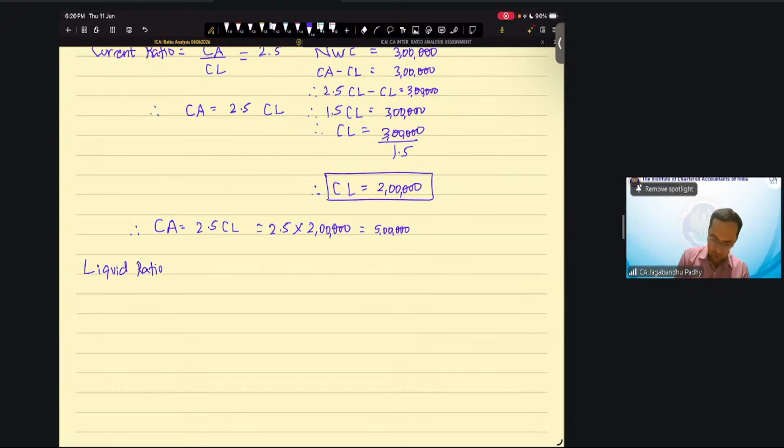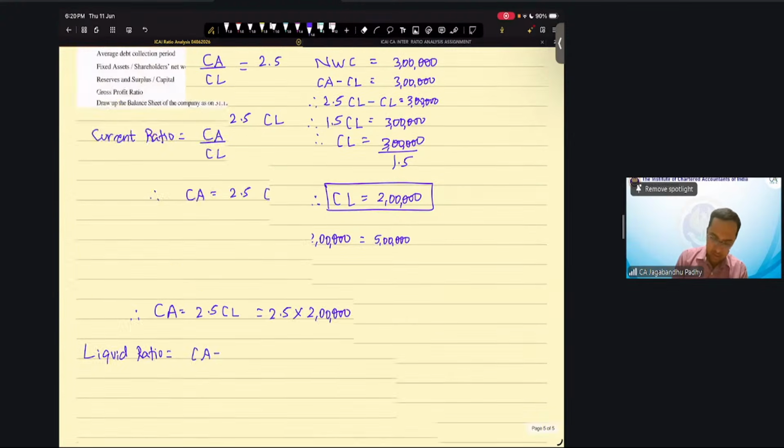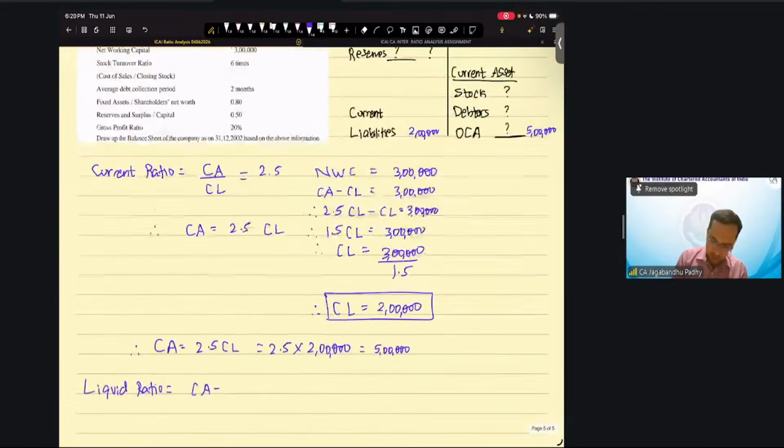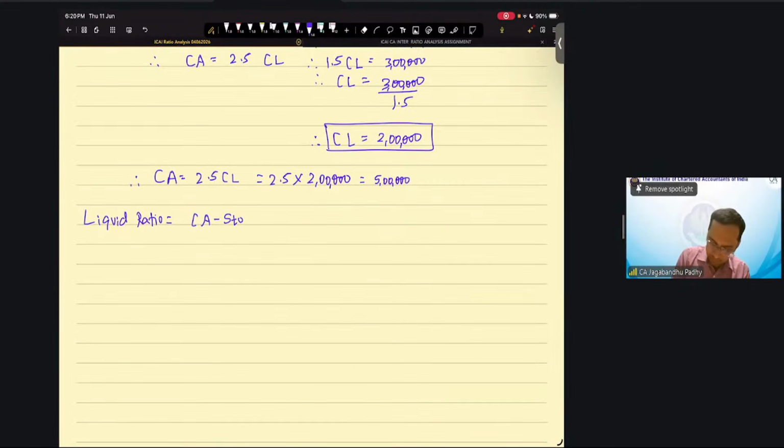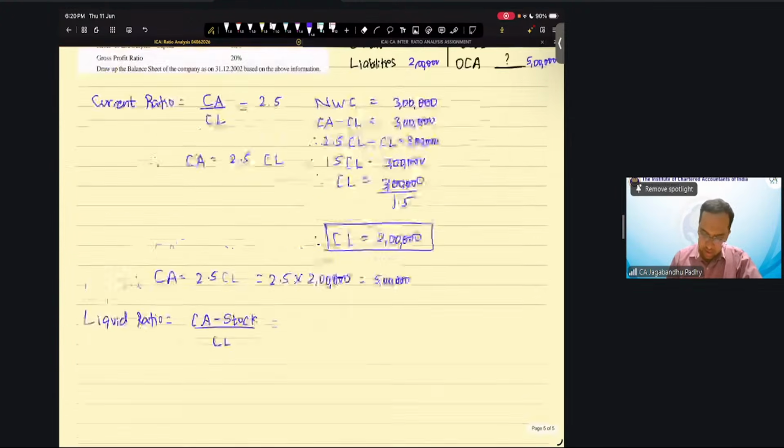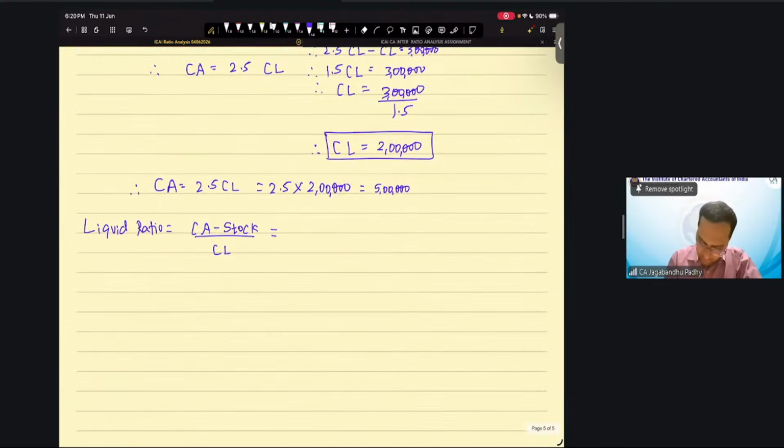Liquid ratio is computed as current assets minus stock upon current liabilities. So current assets are 5 lakh, minus stock, we don't know the value of stock, but we know the value of current liabilities as 2 lakh.